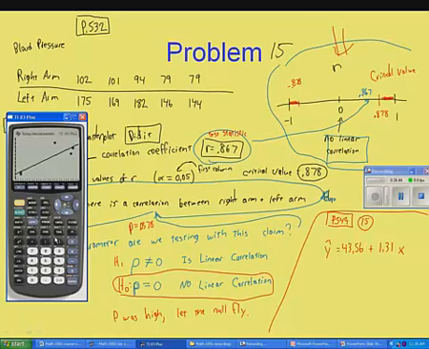Very strange. 43.56 plus 1.31x. Is that what we had? I don't know why that happened. See me after. This is what should happen, something like this.